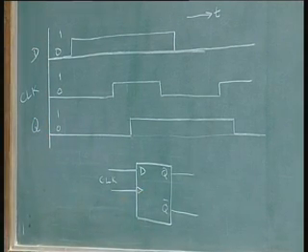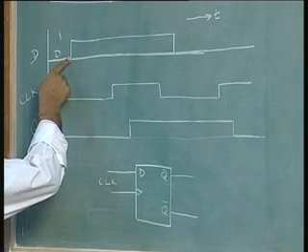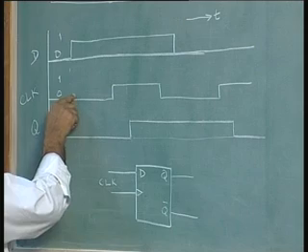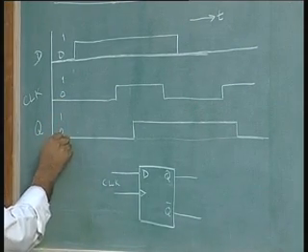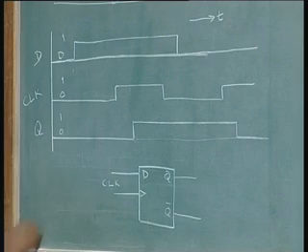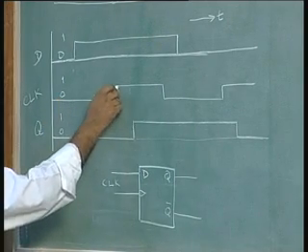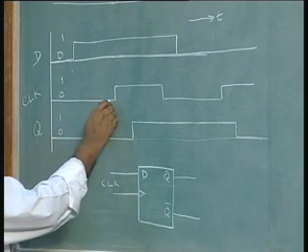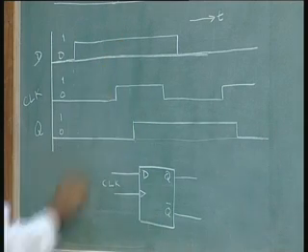That means the input D goes from 0 to 1 at this instant of time, but there is no clock, the clock is 0, so the output does not change. Let us assume the initial output to be 0. When the clock goes from 0 to 1, and I assume this is a positive edge triggered flip-flop, the output has to change from 0 to 1 also, because D is 1.